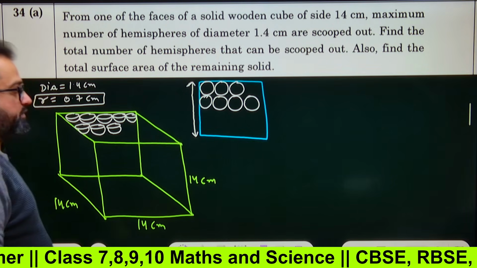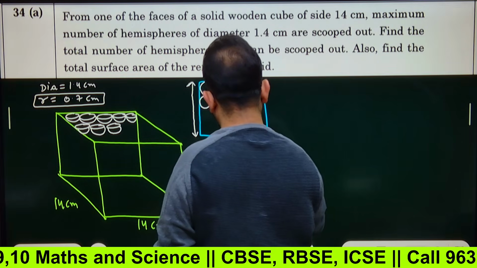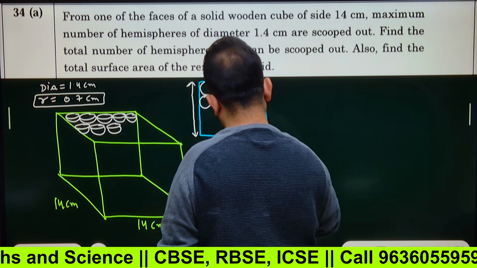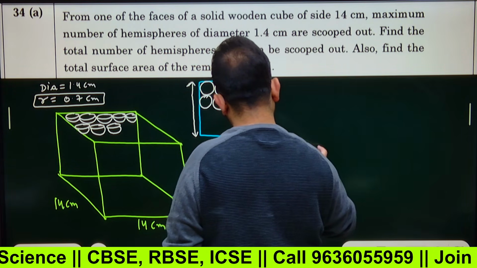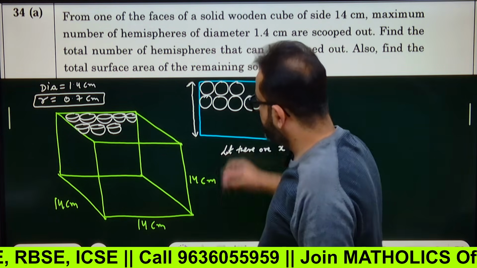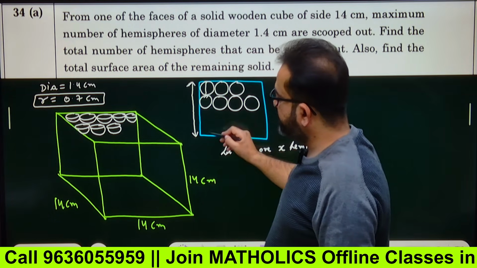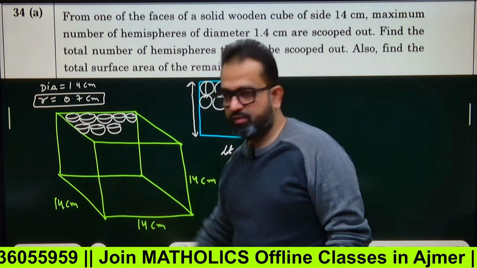So how many hemispheres can be cut? Let there be x hemispheres. So the width of one hemisphere is what? 1.4 centimeter, 1.4, 1.4, 1.4. Their sum must be equal to 14. Yes or no?